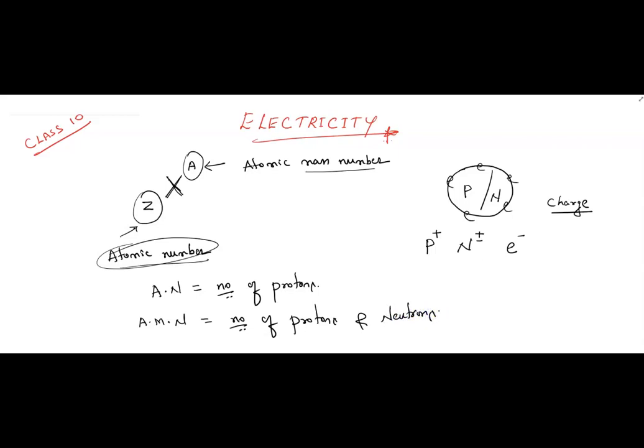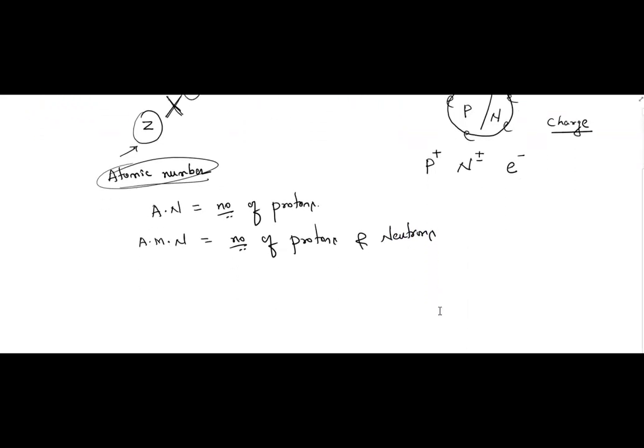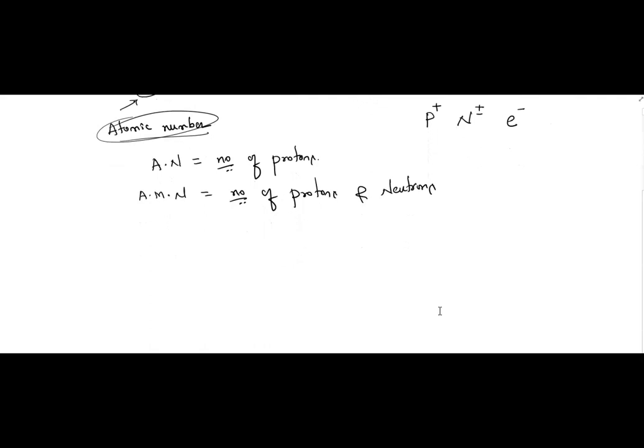Any doubts? So here I can write: mass number is equal to protons plus neutrons. And what is atomic number?